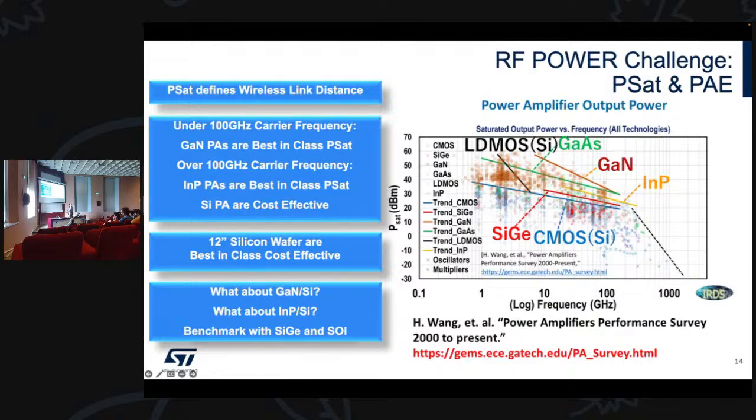And in addition, we can't have high power under 100 gigahertz with silicon. So this means that we have to find a path to highly efficient PAs with these materials, GaN and InP, but cost effective PAs also. And always we will do benchmark with SiGe and SOI.